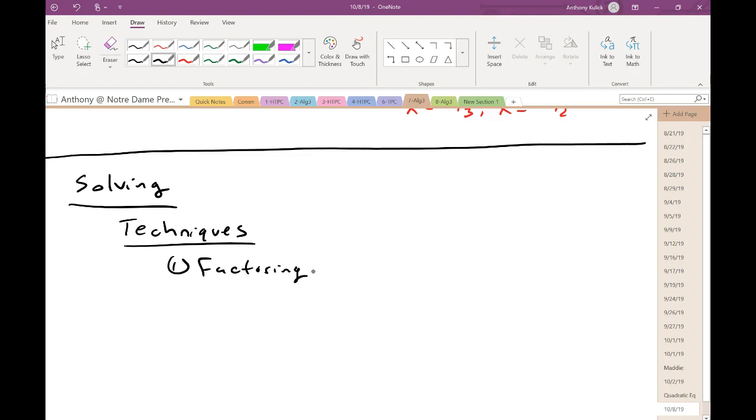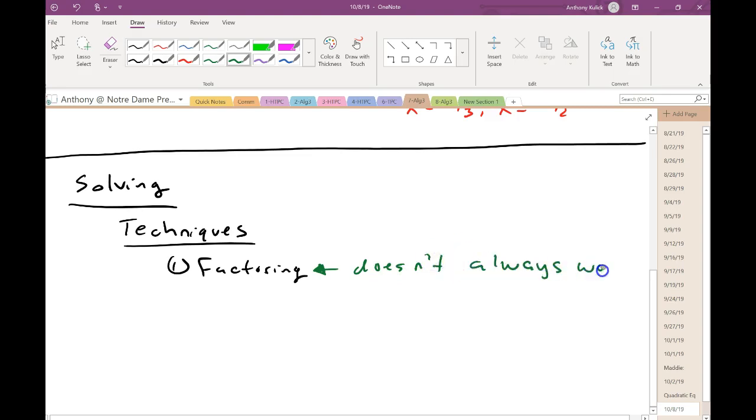The reason we need more techniques is because, well, what's the catch with factoring? Not every polynomial is factorable.